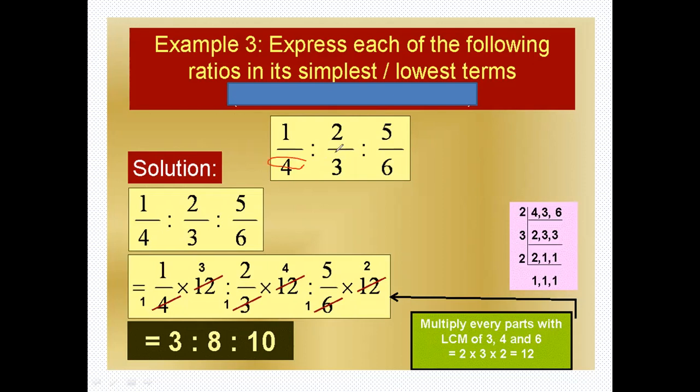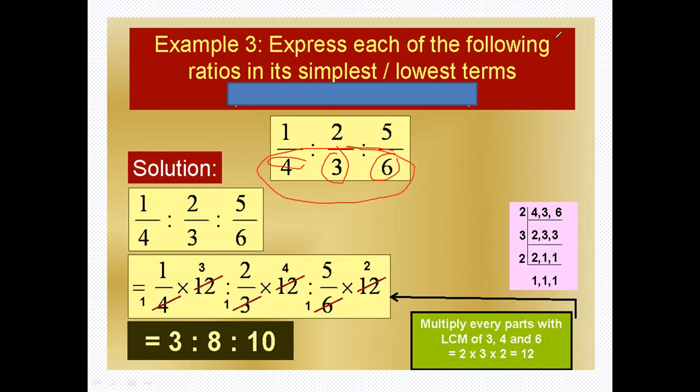The denominators are 4, 3, and 6. So that we can convert this into whole numbers, we will find the LCM, the lowest common multiple, of the three.